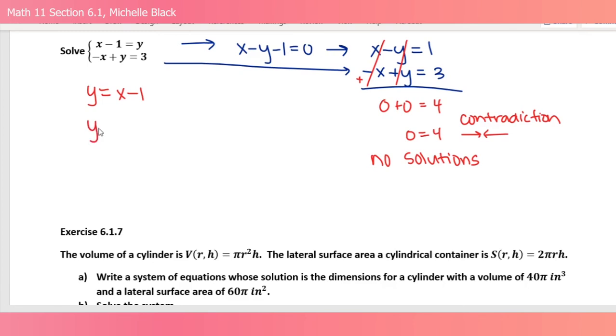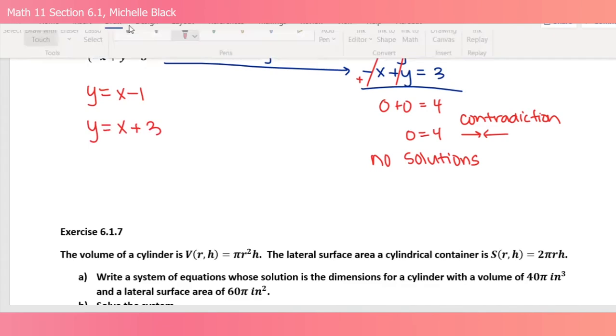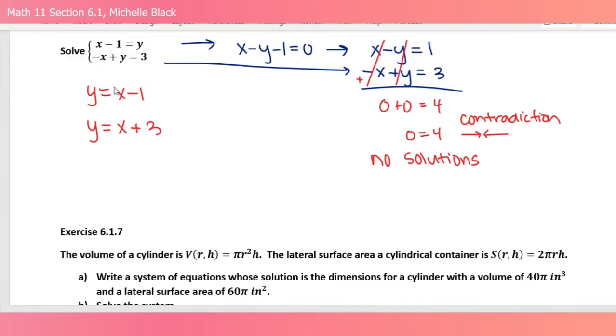The bottom one, if I solve for y, I'm going to add x to the other side. These two lines do have the exact same slope of positive 1, but they have different y-intercepts. So these two lines are not the same, but rather these two lines are parallel. They're never going to intersect, which means there will be no solutions to this system.